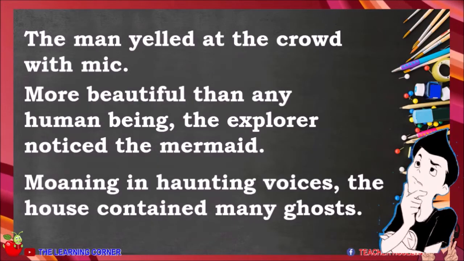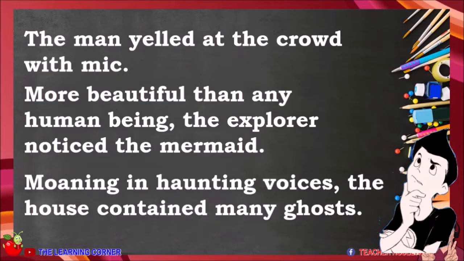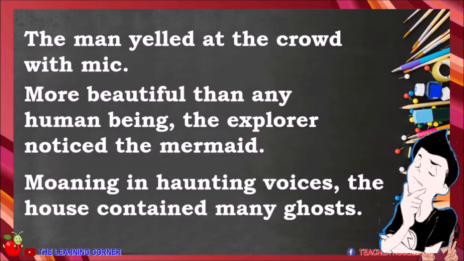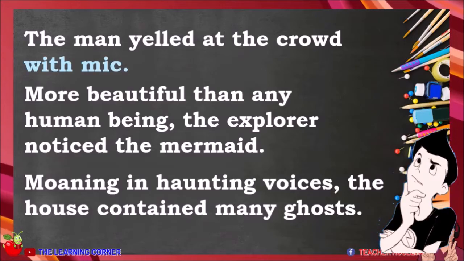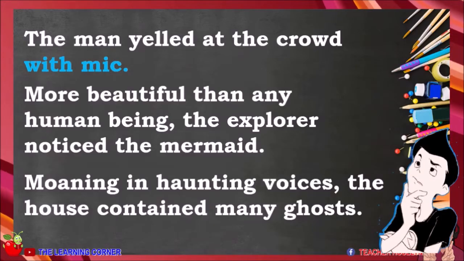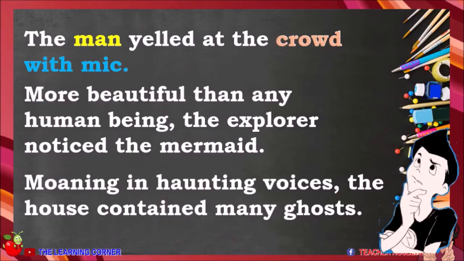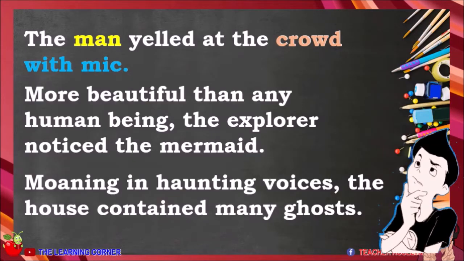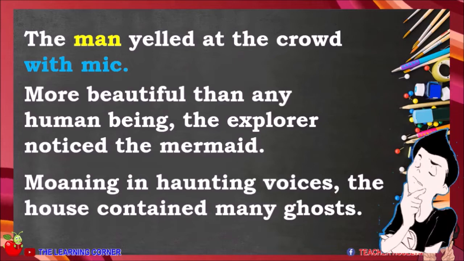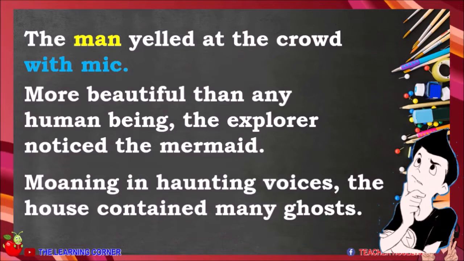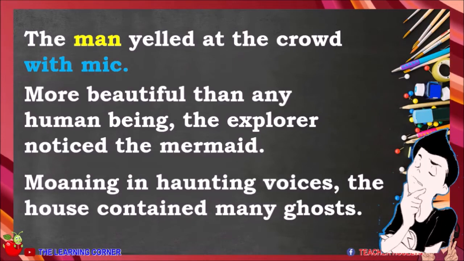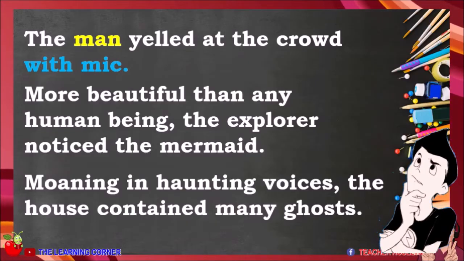The man yelled at the crowd with mic. In this sentence, the modifier phrase is with mic, which modifies man. It is not the crowd which has a mic. Next example. More beautiful than any human being, the explorer noticed the mermaid.